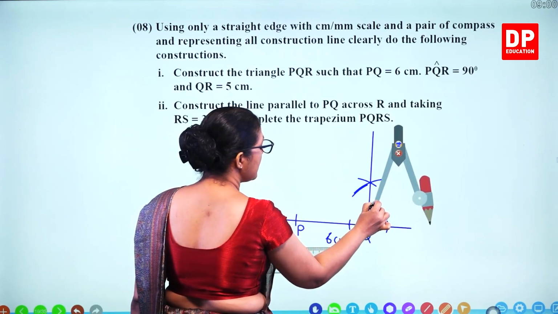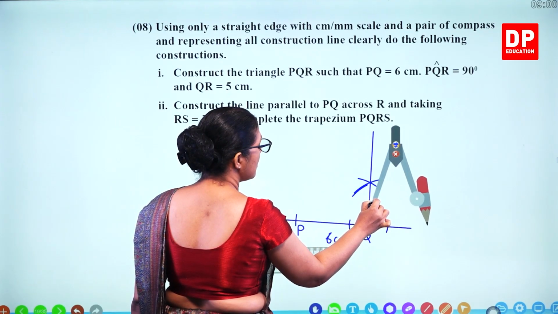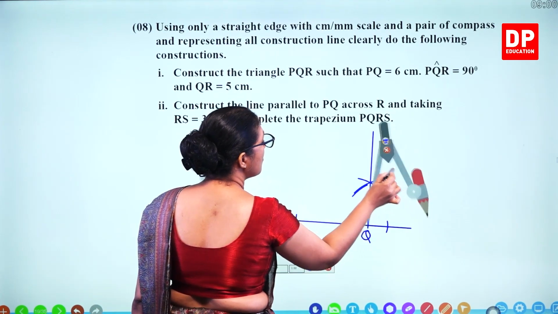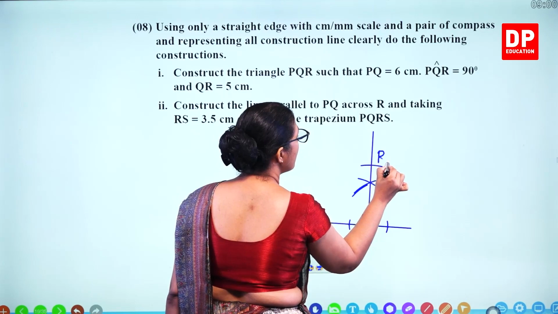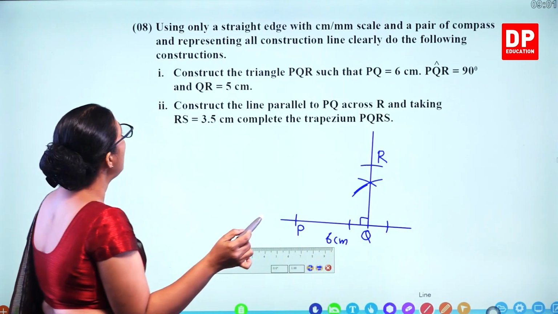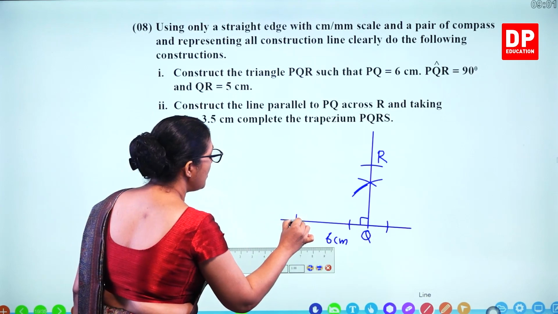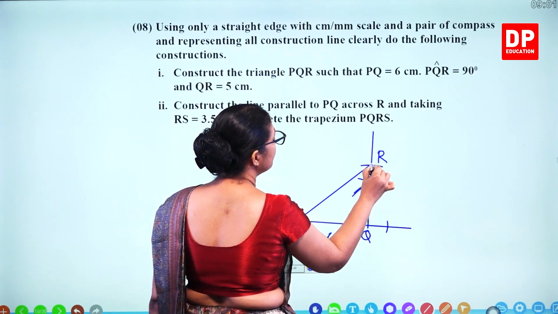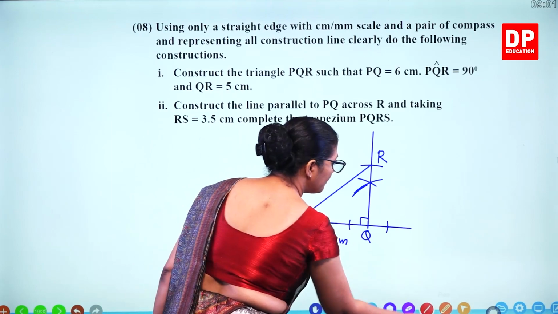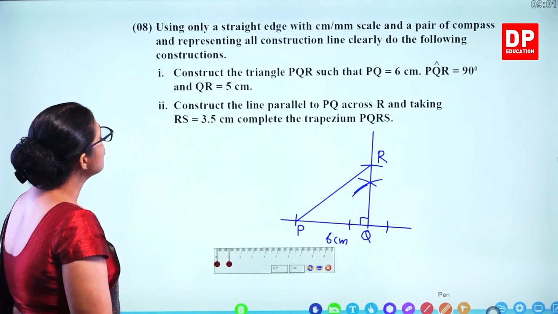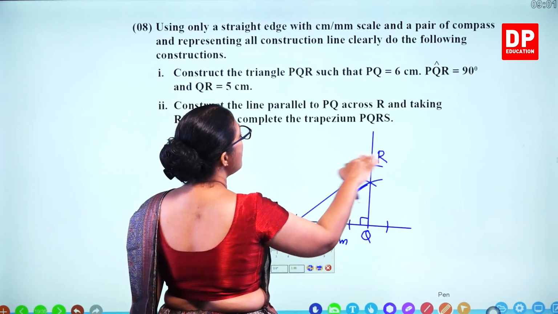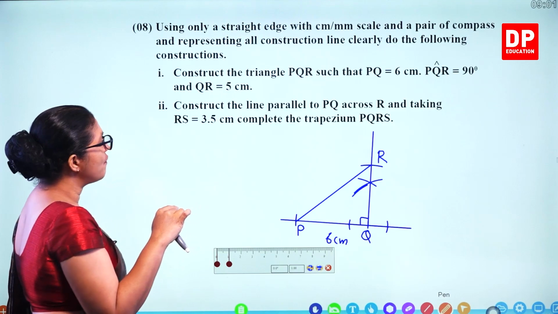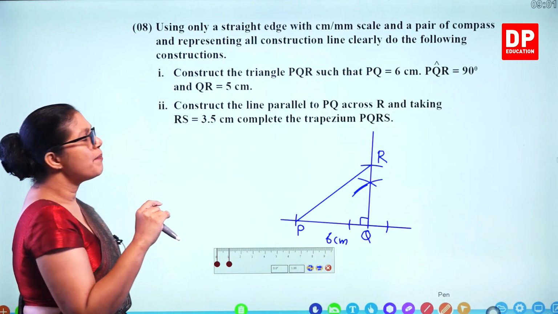Five centimeter length, and you can mark the point here, R. Now connect and complete the triangle PQR. Construct the line parallel to PQ, this one, across R, and taking RS as 3.5, complete the trapezium PQRS.